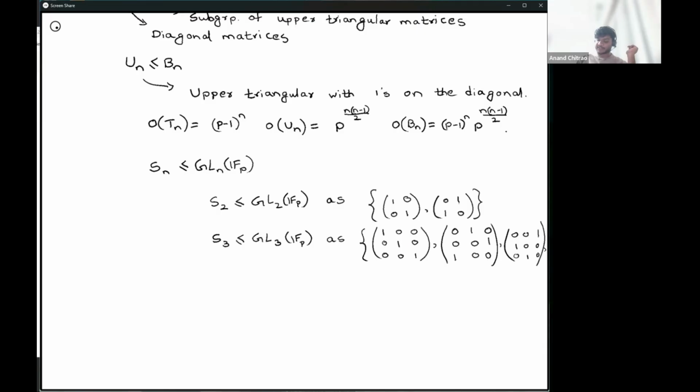These correspond to cyclic permutations, I mean, 3-cycles. This corresponds to the element (2 3). Then (1 3) will be like this. And what's remaining? (1 2).